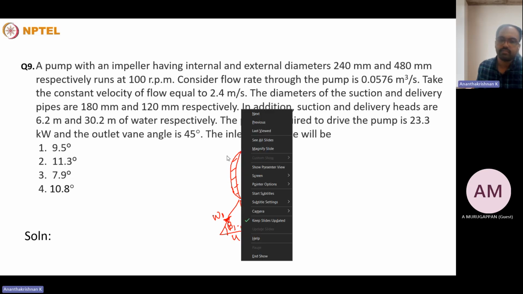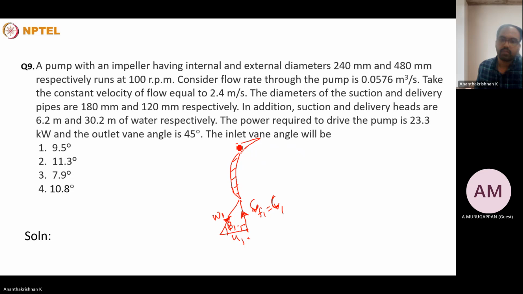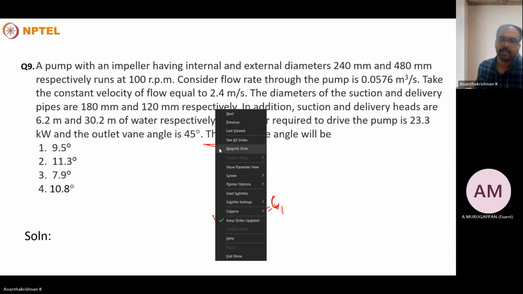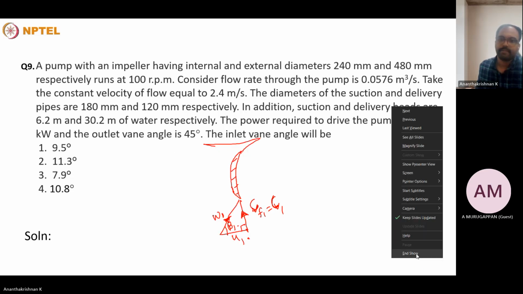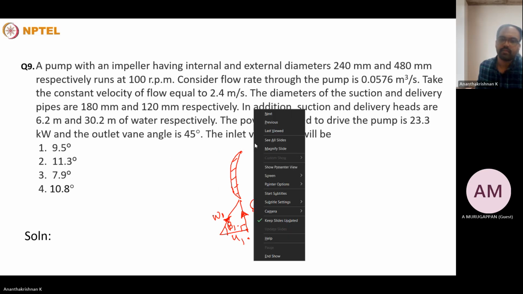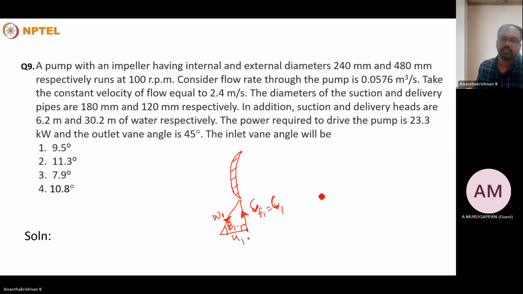At the outlet, the relative velocity is W2.